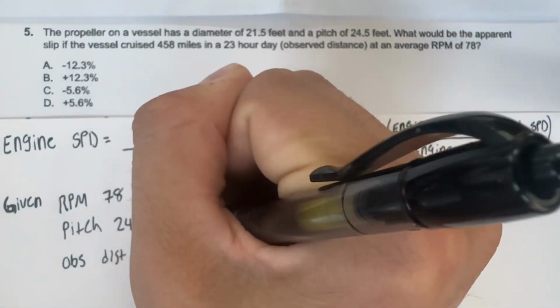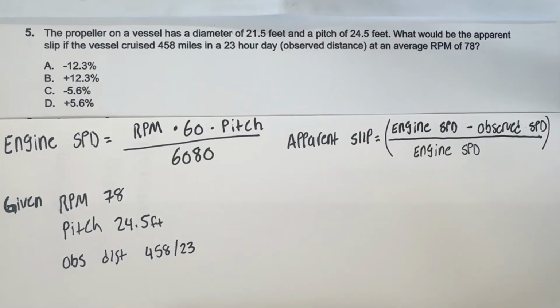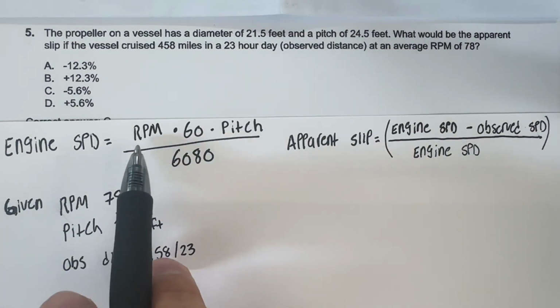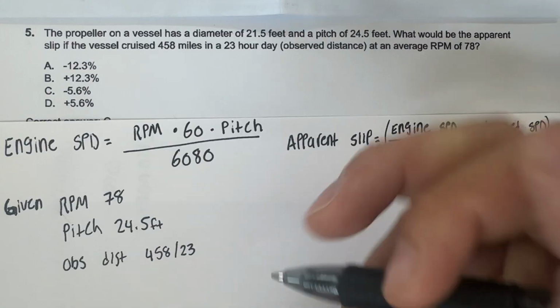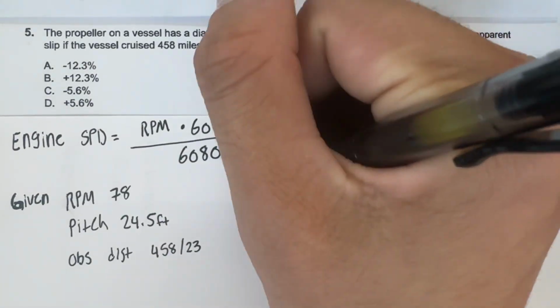So this is what's given, and we can start applying these to our equation. There's only two variables that we need to solve for engine speed, and it's RPM and pitch, which are given. So we'll go ahead and solve for that.